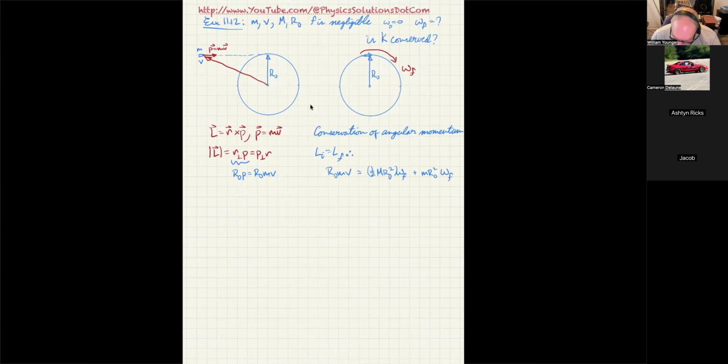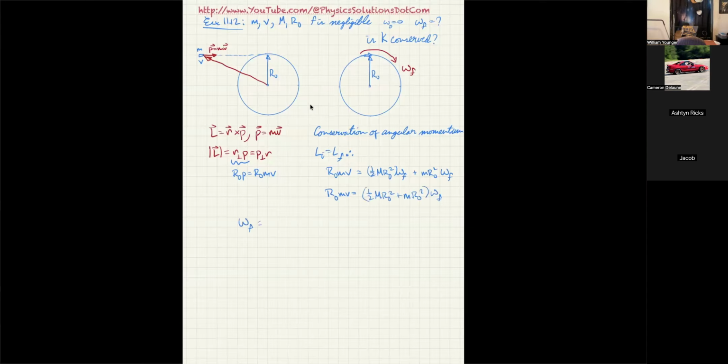Okay, so that's what we got here. We can see that we don't have a common mass that can drop out, so we're going to have to work this out brute force. I've got R0 times m times v is equal to one half M R0 squared plus m R0 squared, all of that times omega f.